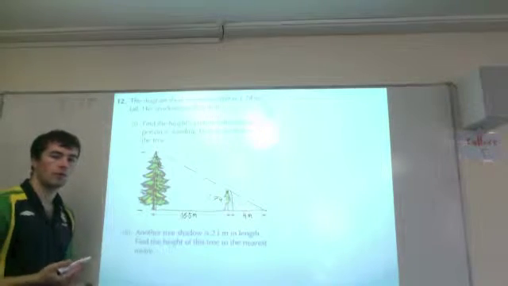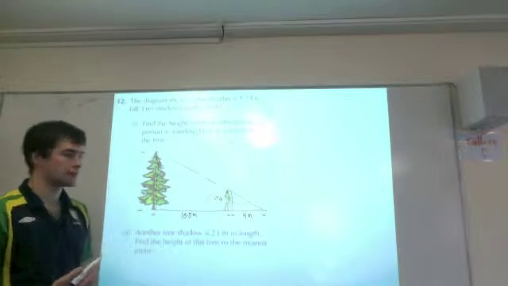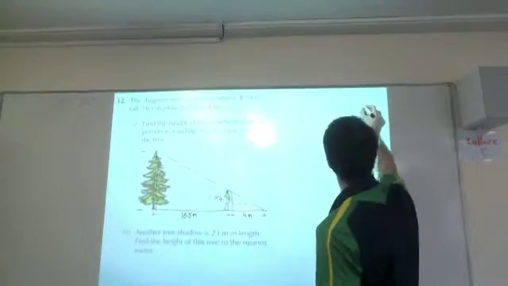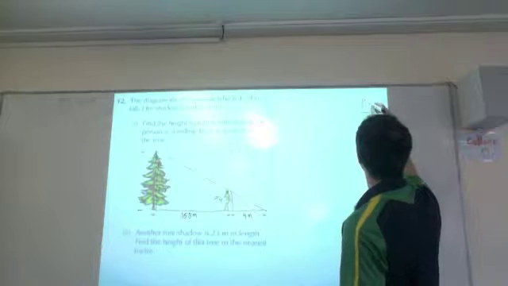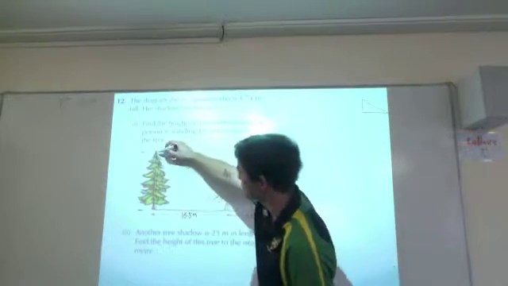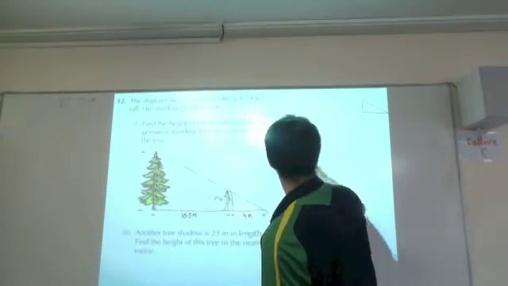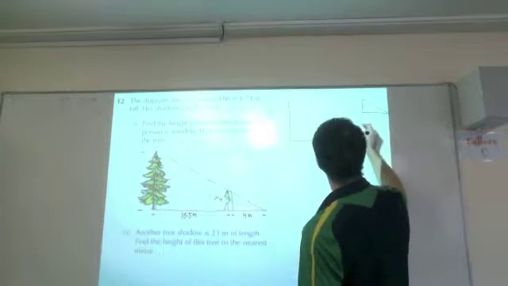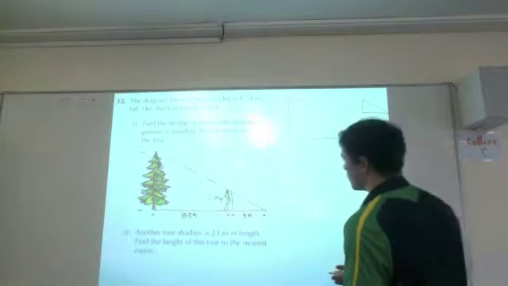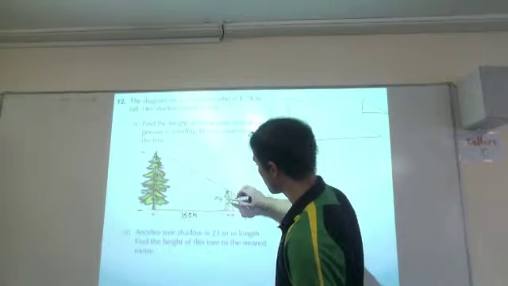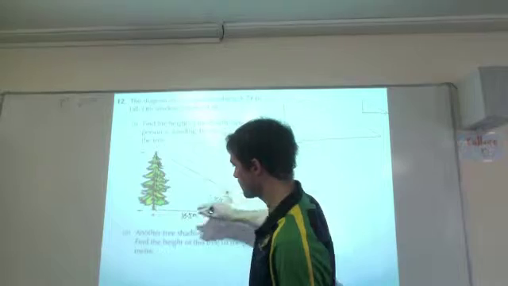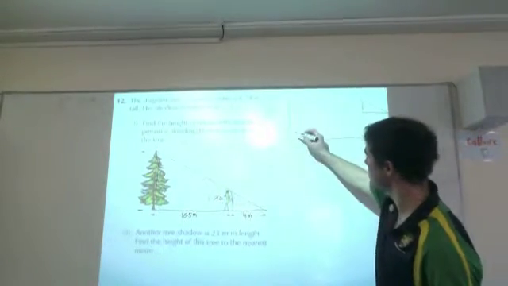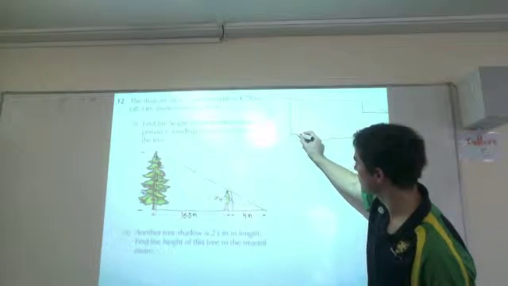Okay, so what do we have here? We have two triangles. We have triangle 1 here, and we have triangle 2, which is a lot bigger. But since this is a height which is straight up, and this is parallel to the ground, we can say that this is 90.